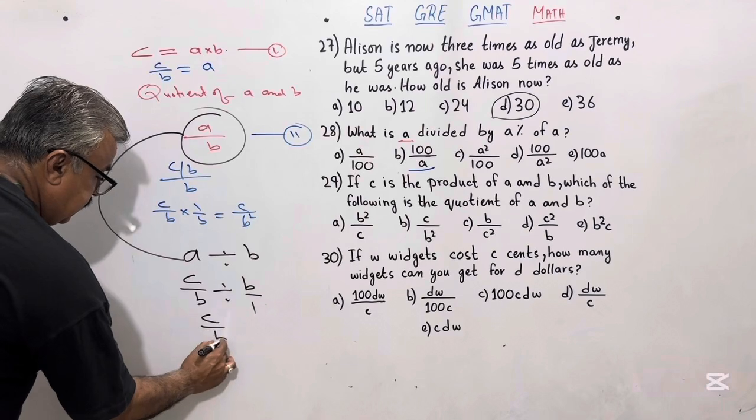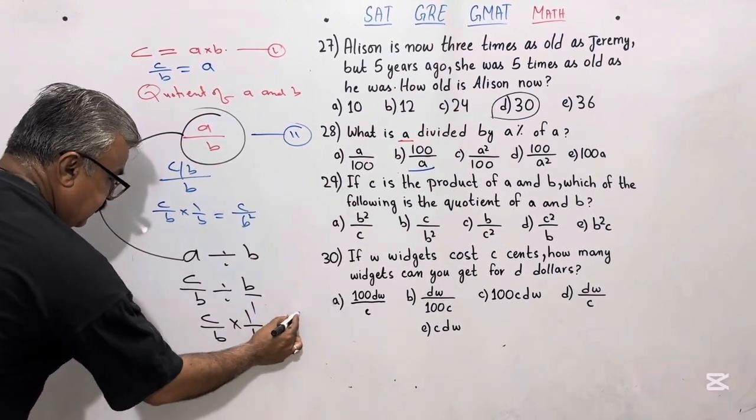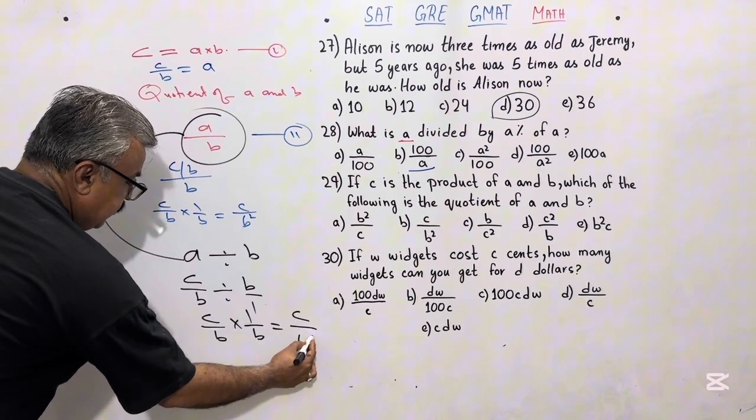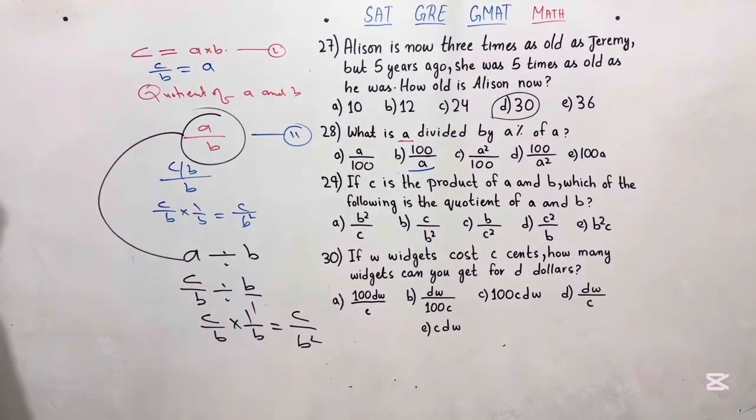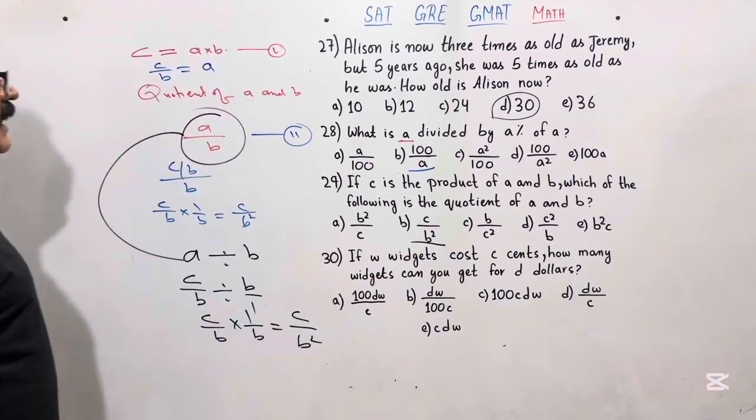C over B times 1 over B, 1 times C is C, B times B is B square. So option B is the right option in that case.